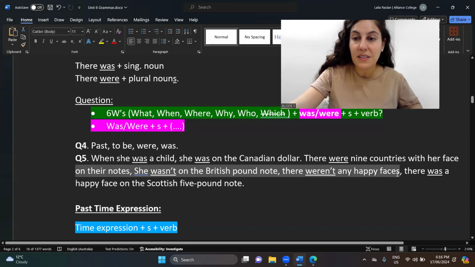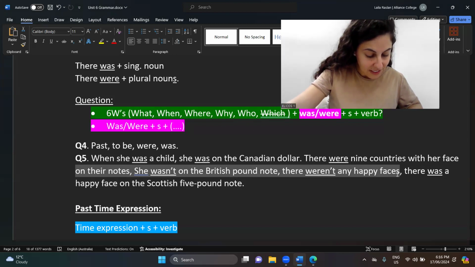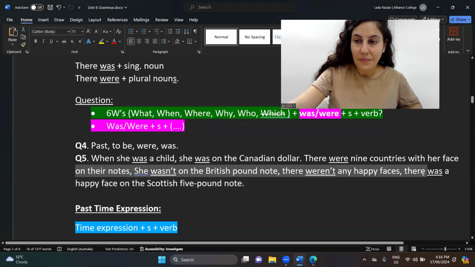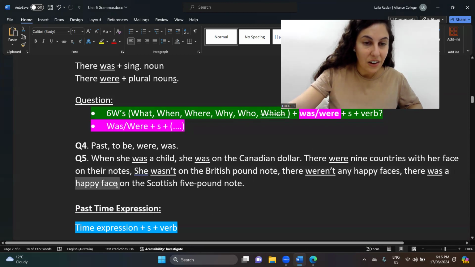The plural comes from the noun faces. Happy is an adjective. So there weren't any happy faces. There was a happy face on the Scottish £5 note.